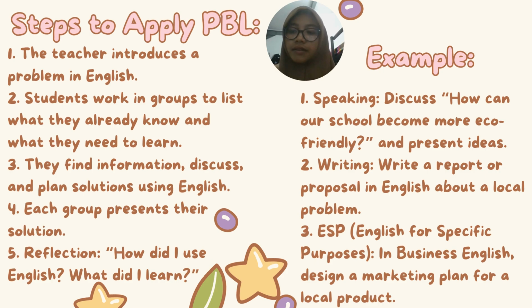For writing activities, students can write a report or proposal about a local problem in their community. In English for specific purposes, such as business English, students can create a marketing plan for a local product and present it in English. These activities make learning English more practical, relevant, and connected to the real world.